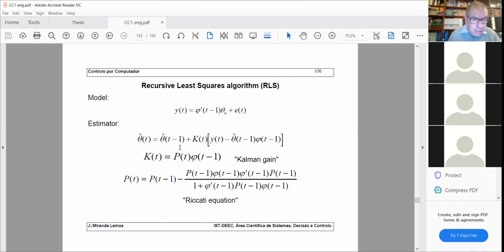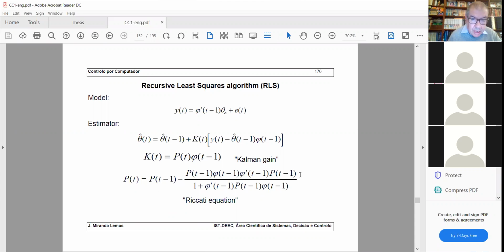So one possibility is that you select the initial estimate of theta to be anything you want. And since you have a big initial error, the covariance matrix must be a big one. So try to use P as a diagonal of large numbers, say 1,000, okay? And then you start receiving data, and hopefully it will converge.